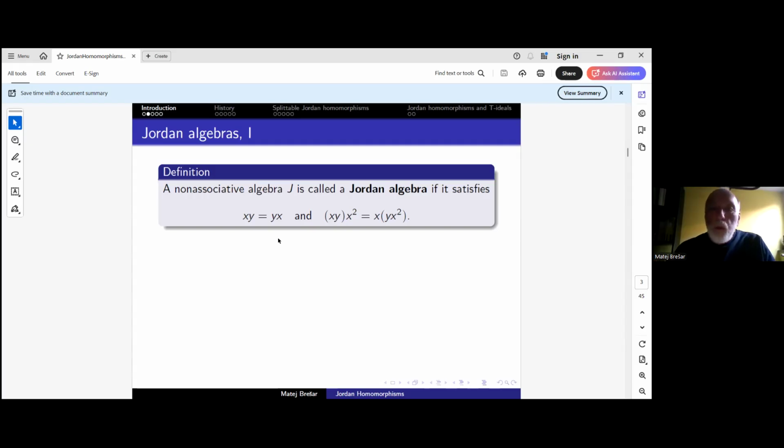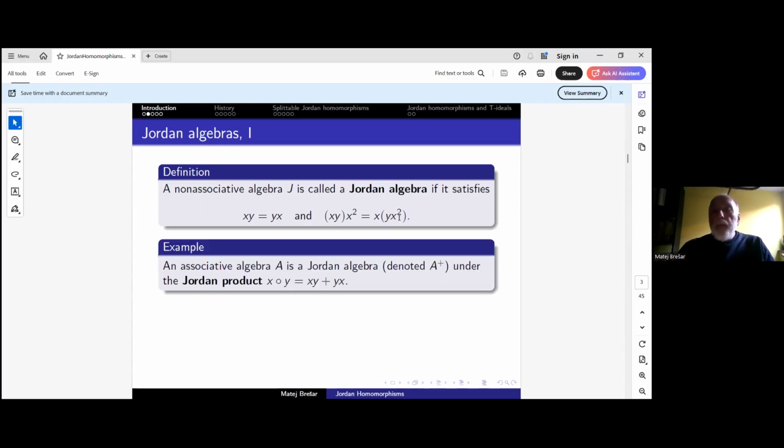This is a non-associative commutative algebra which satisfies the following axiom, some weak sort of associativity. In fact, the basic example of a Jordan algebra is just an associative algebra in which we replace the given ordinary product by the Jordan product, xy plus yx, and we usually denote this algebra by A plus.